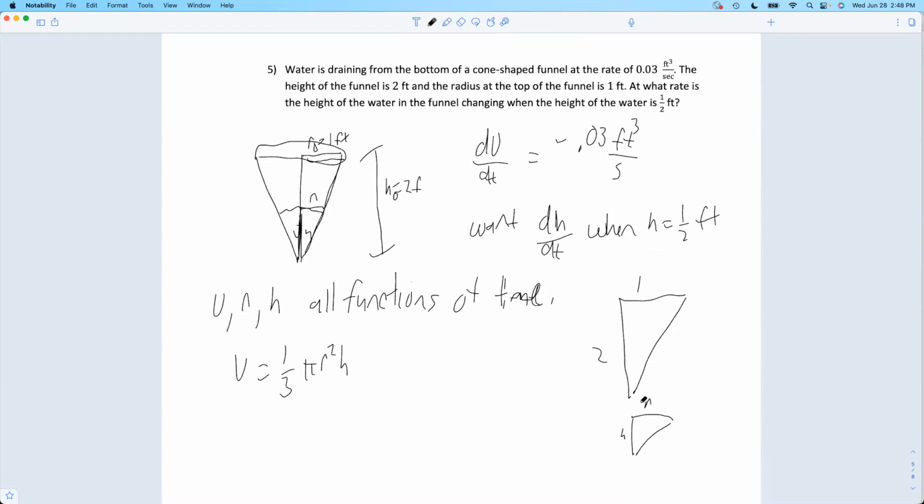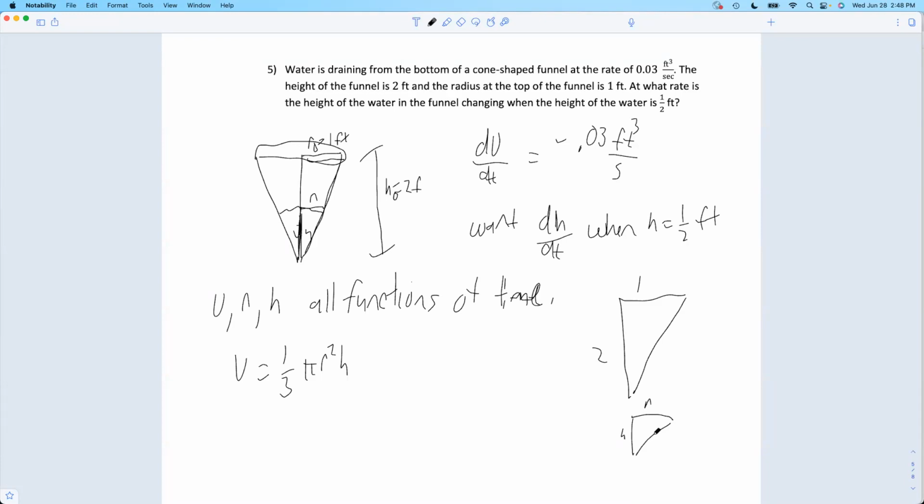So there's a relationship between R and H in a cone. This works for any kind of cone problem. Later on, when we're doing Riemann sums, advanced calculus 2 problems, hydrostatic pressure, there are a lot of applications where you can draw this similar triangle here and eliminate one of the variables.